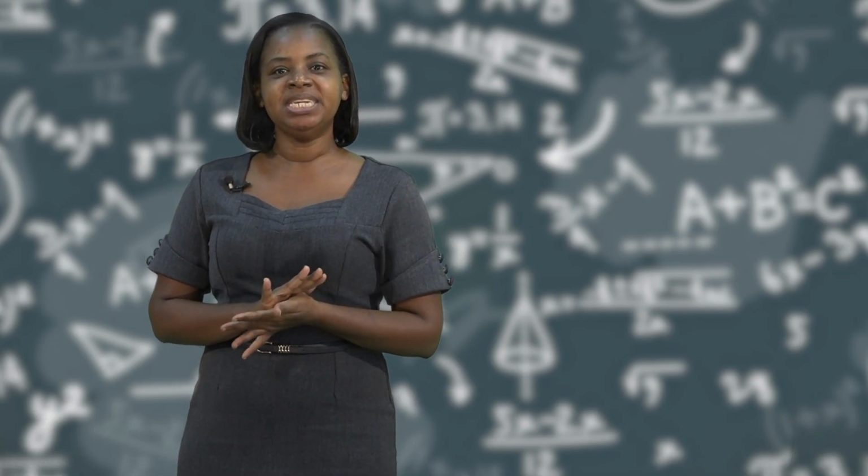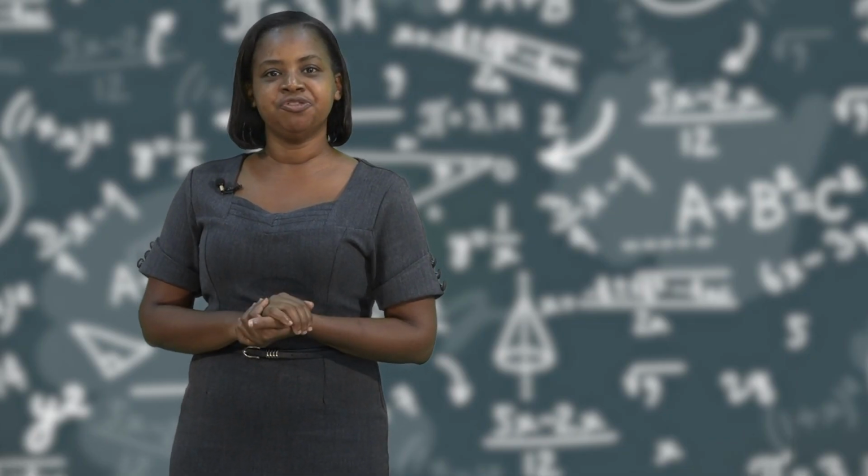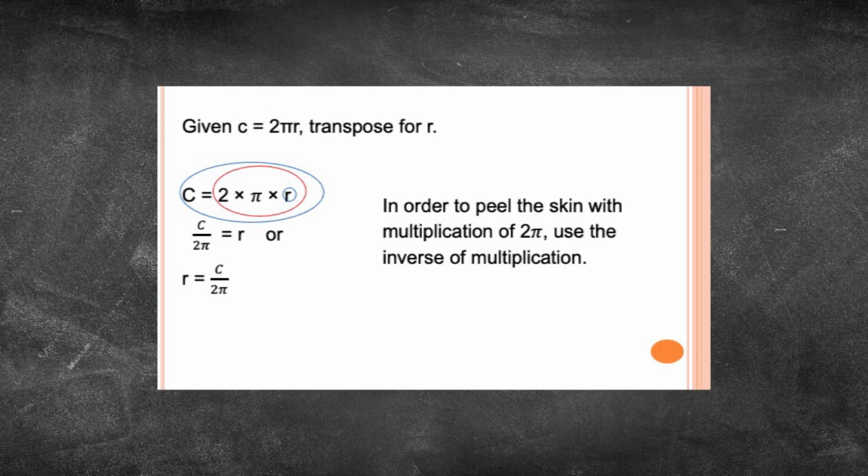Now let us peel each skin. Where should we start peeling from? Wonderful, the outermost skin. What operation is in the skin with 2 pi? Awesome! Multiplication.